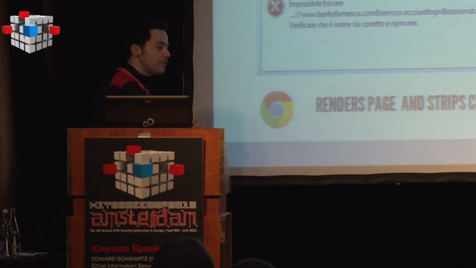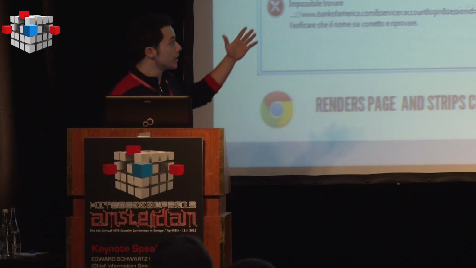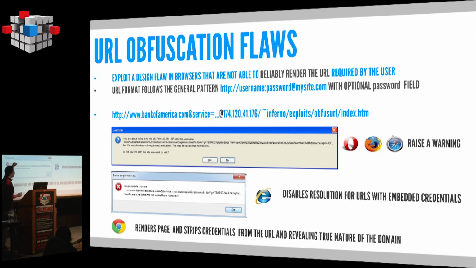So when a victim is tricked into following a URL like this, there is basically a gap between the user perception of the URL and the browser parsing of the URL. So the user is led to believe he's going to visit bankofamerica.com, while actually, after parsing, the browser navigates to that IP.